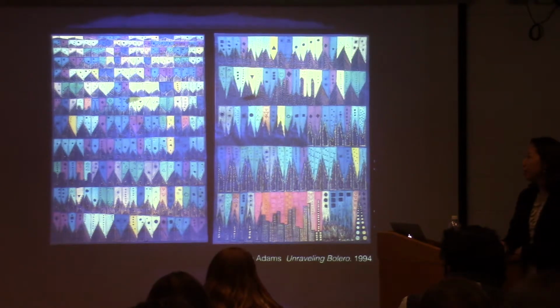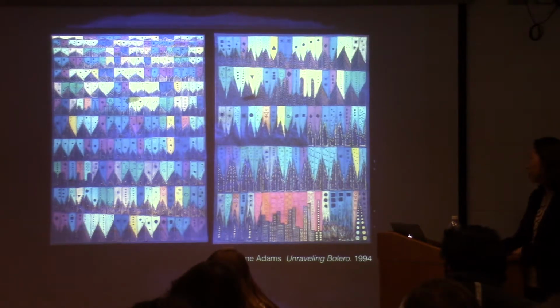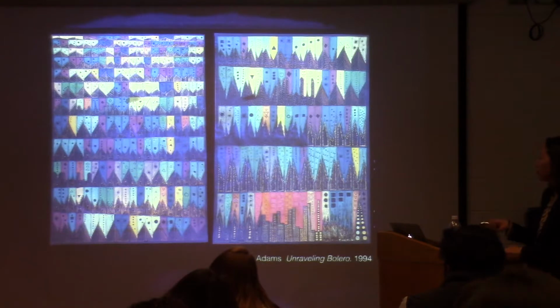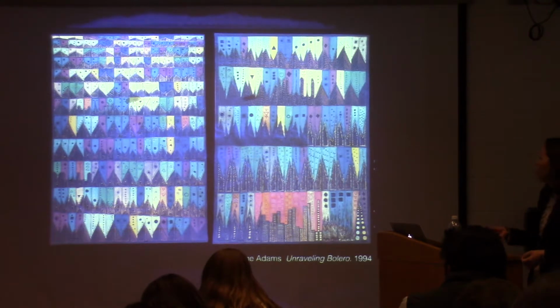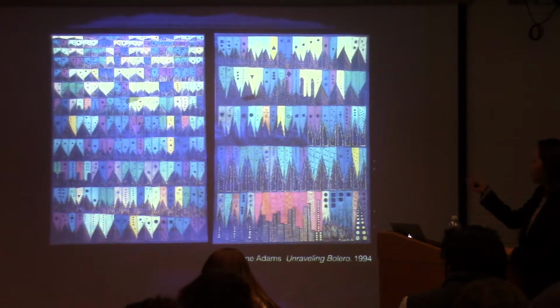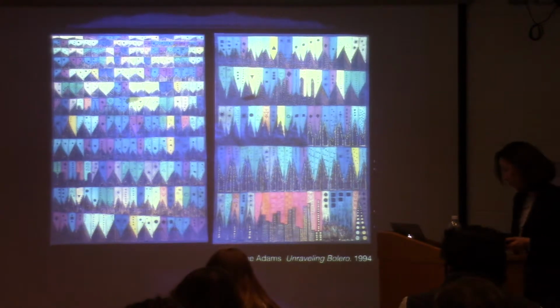But as her FTD progressed, she became obsessed with expressing abstract thoughts through geometrical patterns. This is an example where she was listening to a musical score written by Ravel. It's called Bolero, and this is her visual interpretation of that entire piece of music.